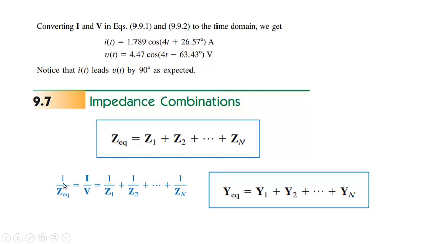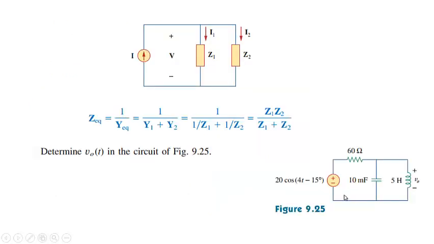In case of parallel, 1 by Z equivalent will be equal to 1 by Z1 plus 1 by Z2 plus and so on. In case of admittances, the parallel combination will be the summation of the admittances. If we have two impedances connected in parallel, the total impedance will be equal to Z1 into Z2 divided by Z1 plus Z2.